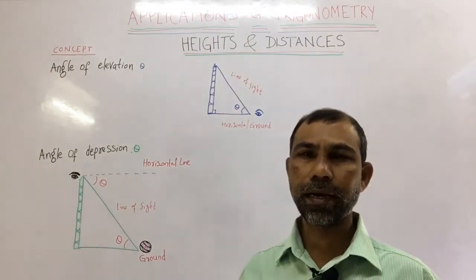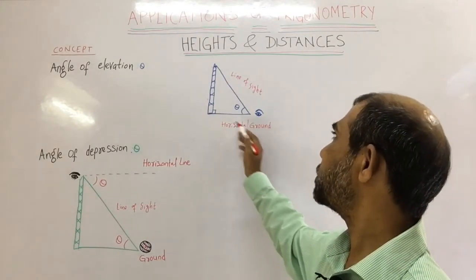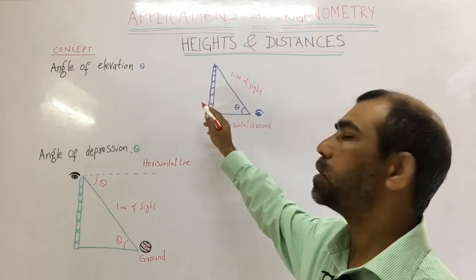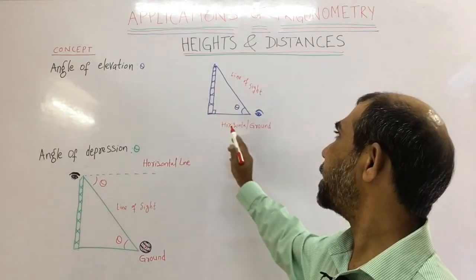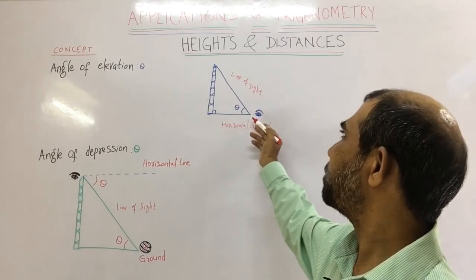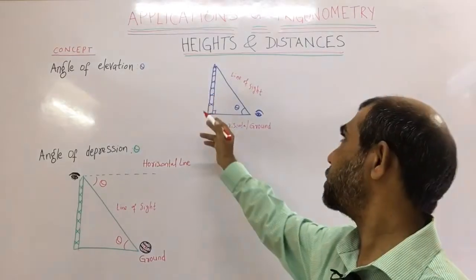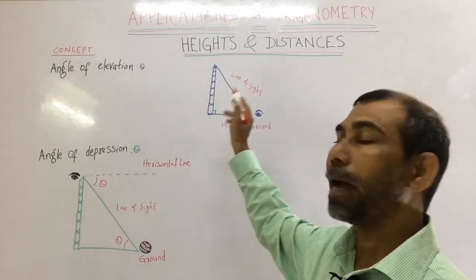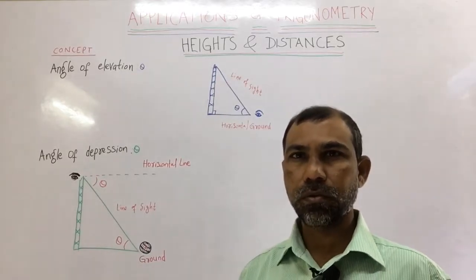If you know the angle, you can find any side. That means you can find the horizontal distance or the height of the tower. And sometimes if you know the height of the tower and horizontal distance, you can find the distance from the observer to the point of observation, as well as the angle of that observation.